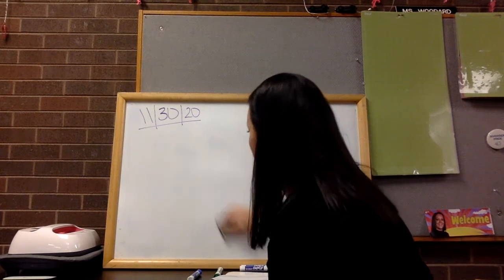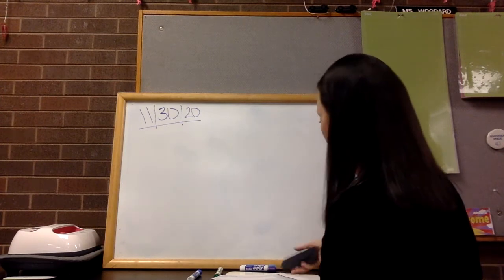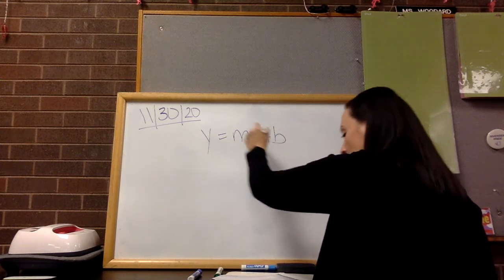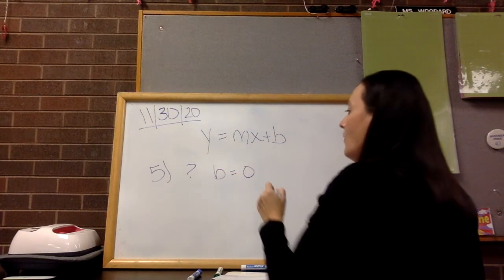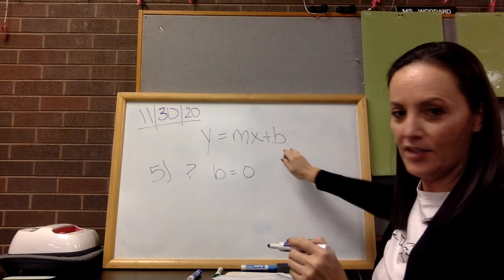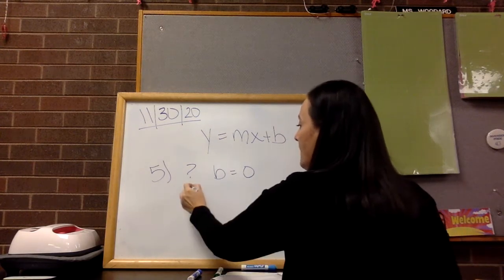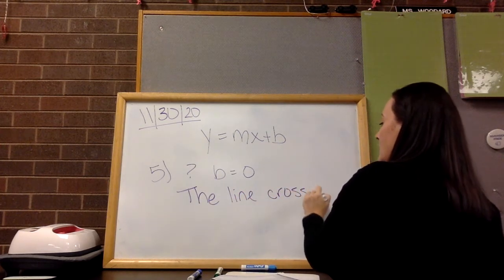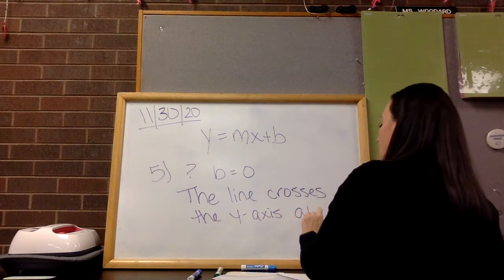I'm going to flip to the next slide. The next slide says, what happens if b is 0? All right, so when we're looking at this, we got y equals mx plus b. And my question for number 5 says, okay, what happens when b equals 0? So remember that b is my y-intercept, right? So what it's telling me is that the line you guys are going to be graphing crosses the y-axis at 0.